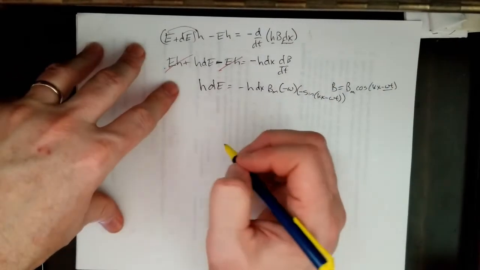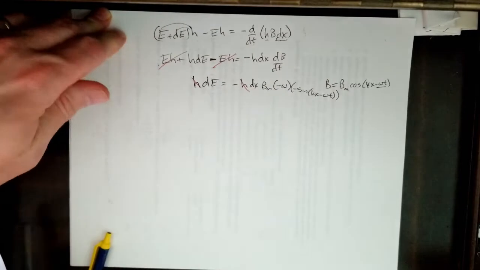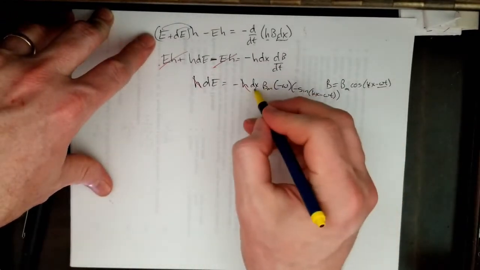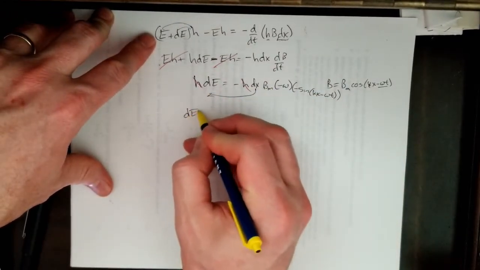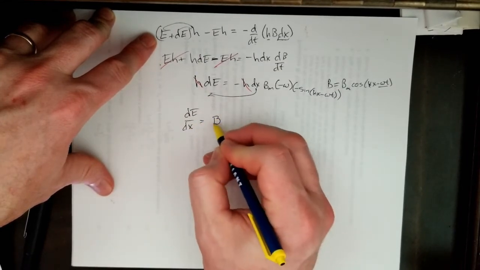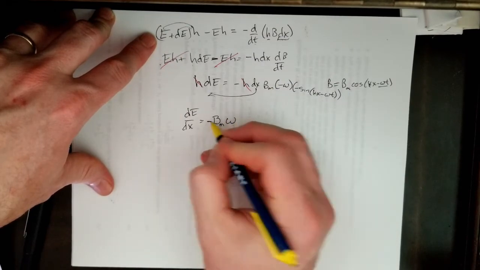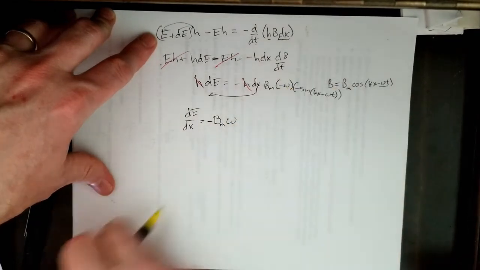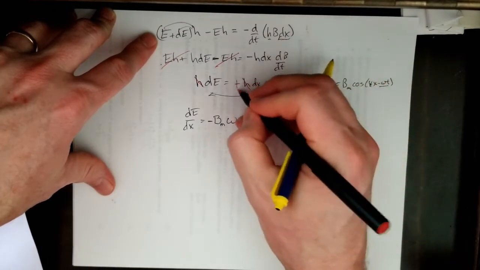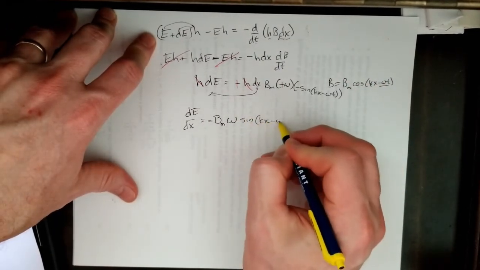So we end up with, well, I have H on both sides, so H goes away. And I'm going to bring the dx over here, so I have dE/dx is equal to my maximum value of the magnetic field times omega. I got the one minus sign left over, so I can get rid of two of them. Sine of kx minus omega t.